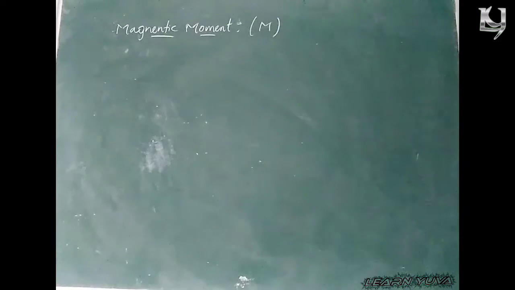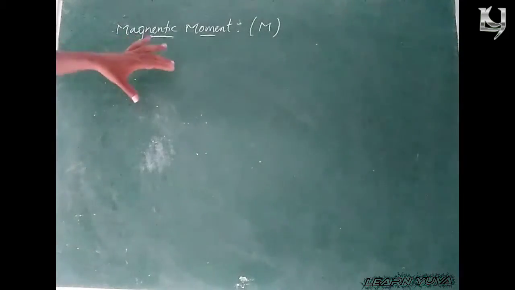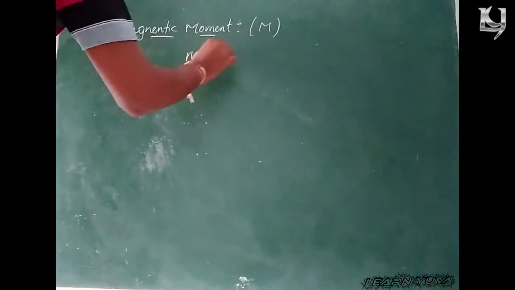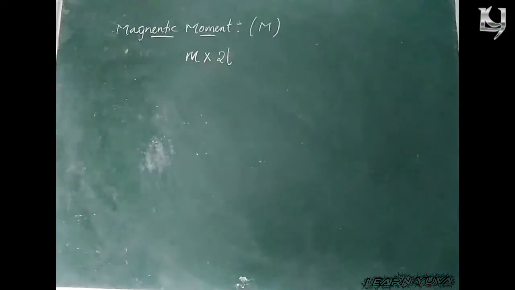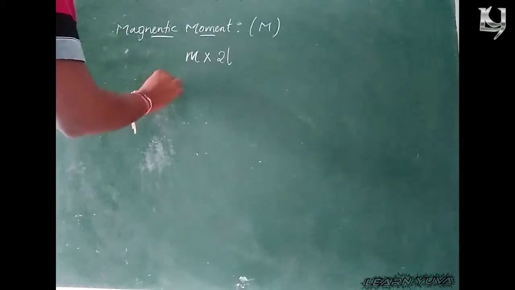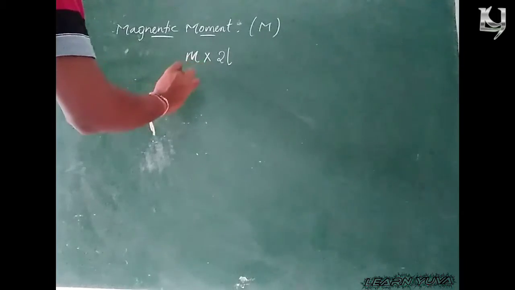Magnetic moment is defined as the product of pole strength and effective length.